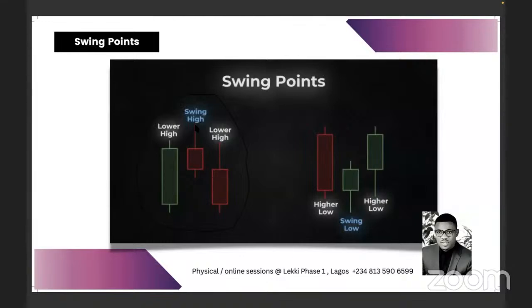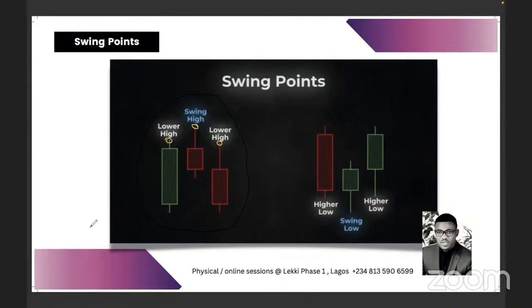But if you have one candle here that has a high shadow, with a candle on the left-hand side that has a lower shadow, and a candle on the right-hand side that has a lower shadow, this candle that was able to go higher above the left and right is called the swing high.